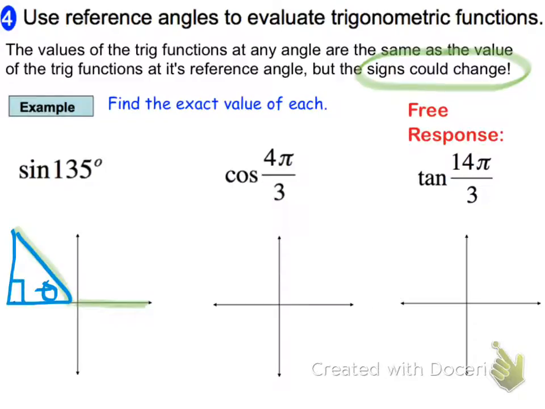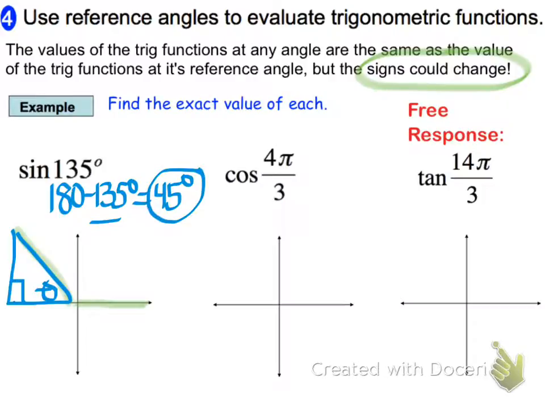Now if I take 180 degrees and I subtract 135, I can see my angle of reference is 45 degrees. Now that means that I can use 45 degrees instead of 135 to find my answer. The nice thing is that if you have your quadrant 1 points memorized, you don't even have to think about the picture. You could just think about 45 degrees.